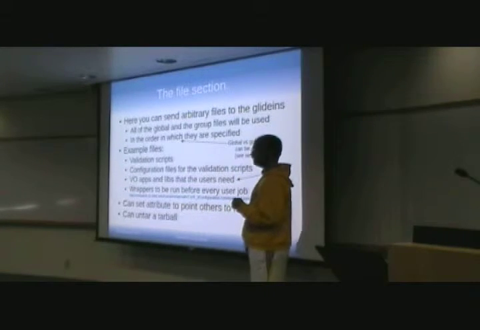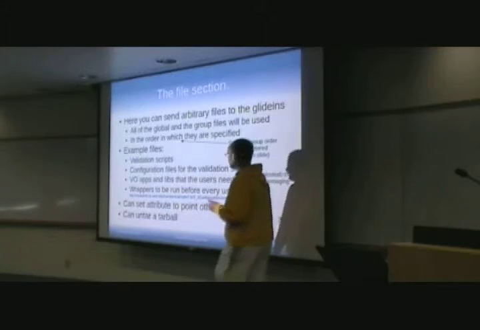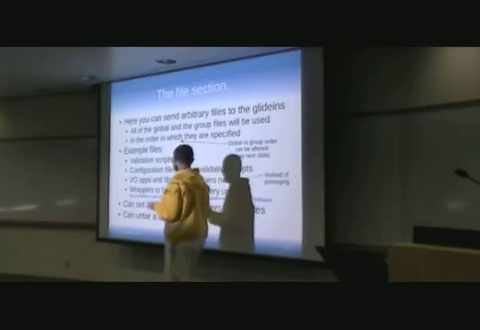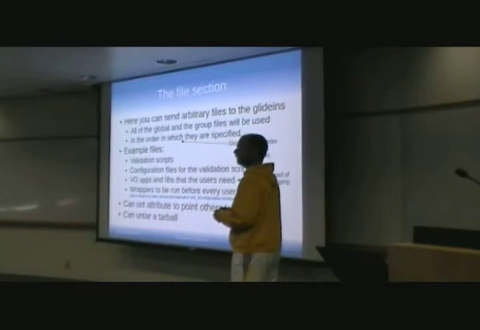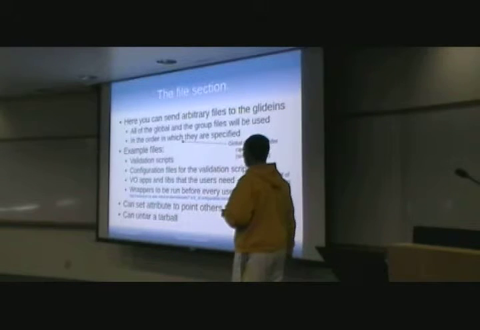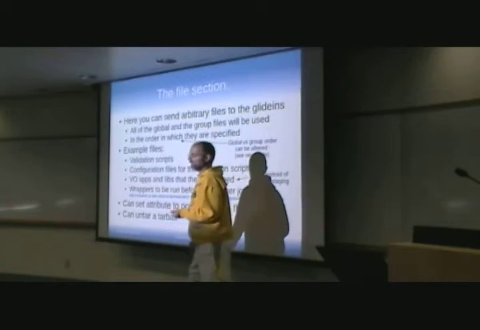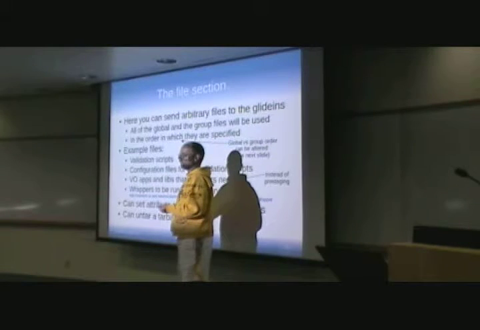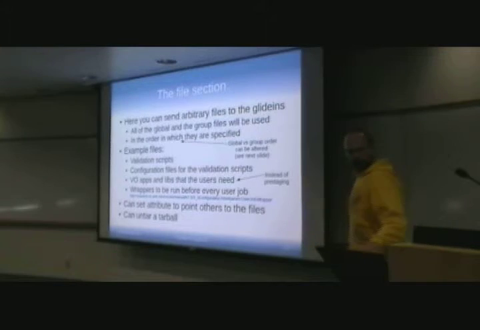If you never looked at it, click here. You have scripts that set attributes that will be used by somebody else, or dynamic attributes. And if any of these files is a tarball, the glideins can actually untar it automatically. I'll go over this in the next slide.